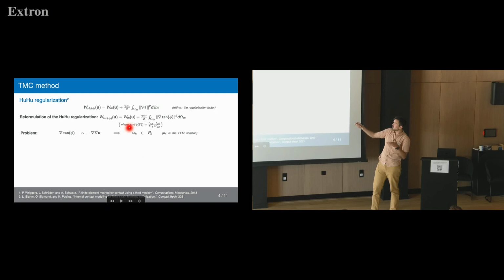Here are two of them, but all of these regularizations depend on the gradient of the deformation gradient, so basically the second gradient of U. It means that to make this regularization useful, we need to work with P2 elements.